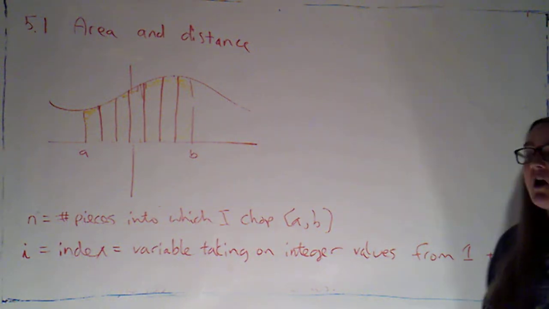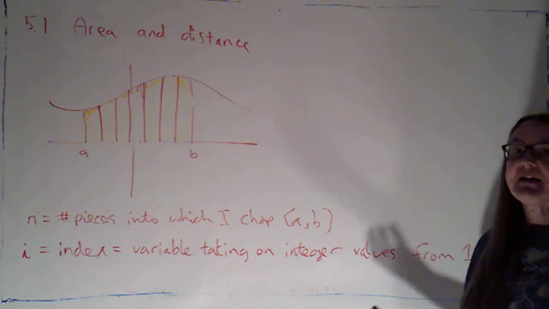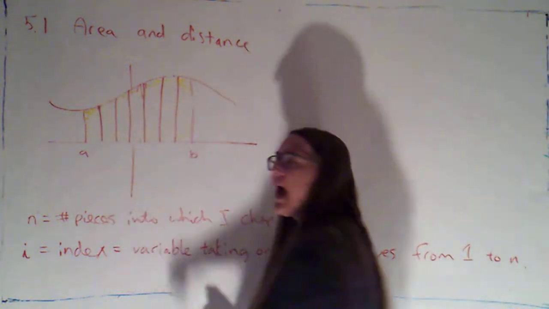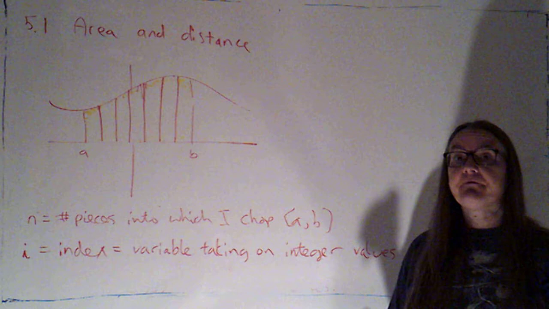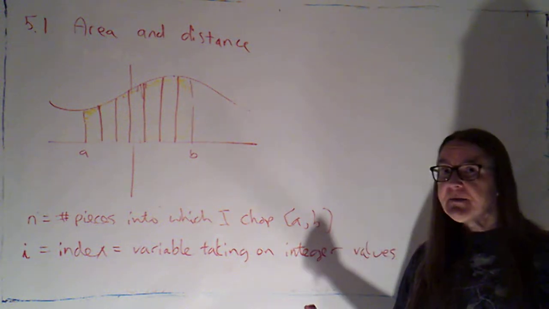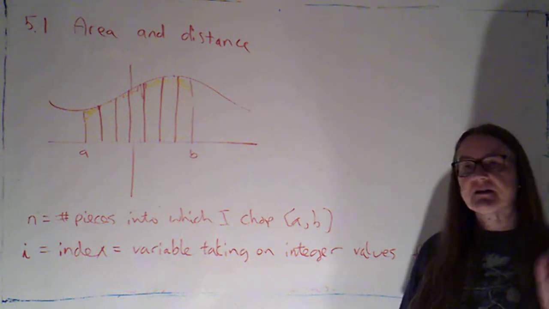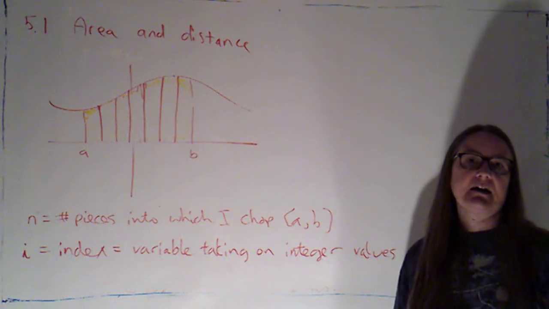That way I can talk about the ith piece. So if I wanted to talk about this third piece here, i would be 3. If I want to talk about the 18th piece, i would be 18. So i is my index. It just tells me which of the pieces I'm talking about.